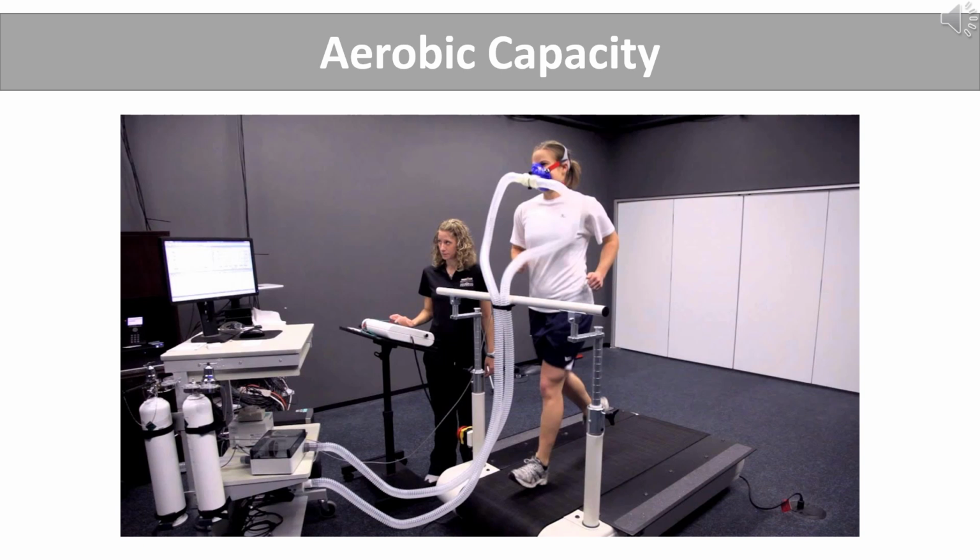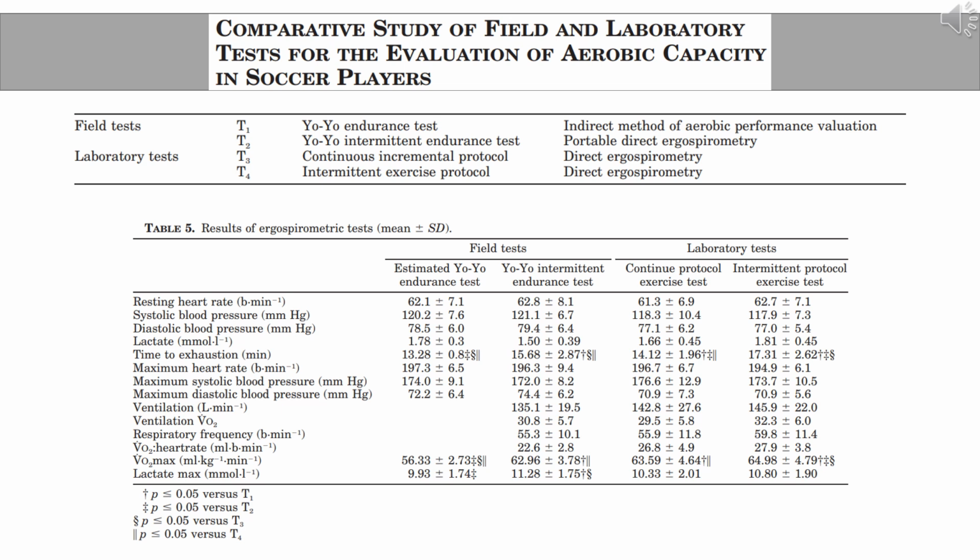So the final physical characteristic that we're going to focus on now is aerobic capacity. And I've kind of made these slides a blend of both the laboratory and the field. So the first thing I wanted to do was to provide a comparison of different field and laboratory based assessments that we typically use to assess aerobic capacity.